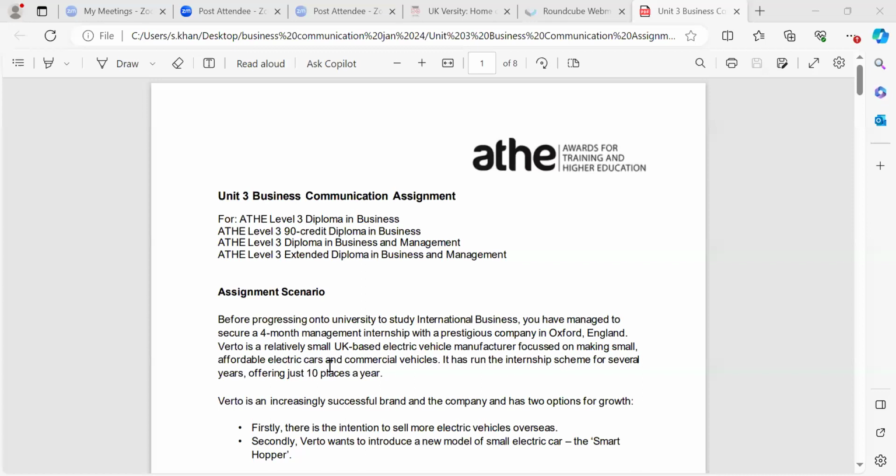taking into account grammar issues and how you would format something. How would you format a presentation? And how would you meet the needs of the customers?